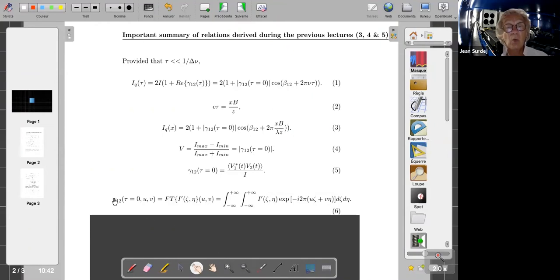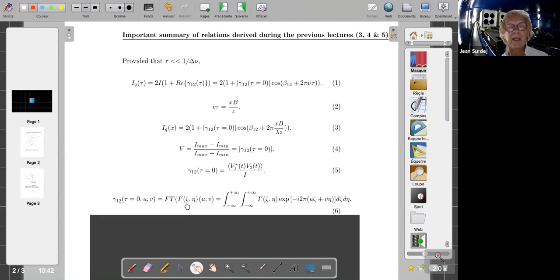Then we have derived this very important result that the complex degree of mutual coherence is merely the Fourier transform of the distribution of the normalized intensity of the source we are looking at.